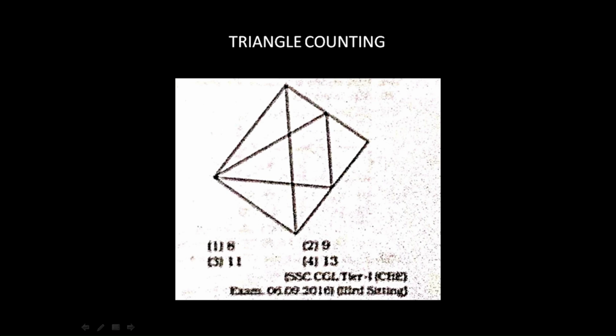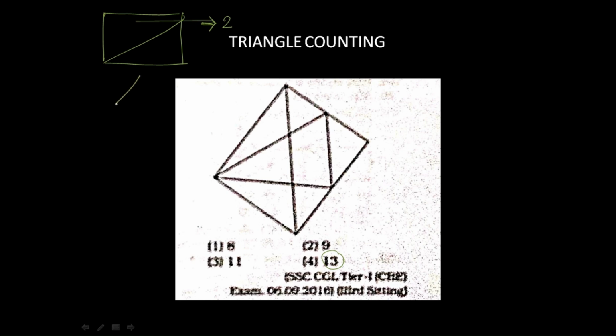How many triangles are there? I have 13 is the right answer. Look at it carefully. There is a figure like this embedded. Right? So there will be two triangles.